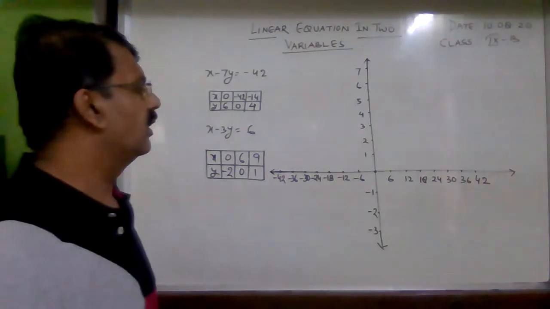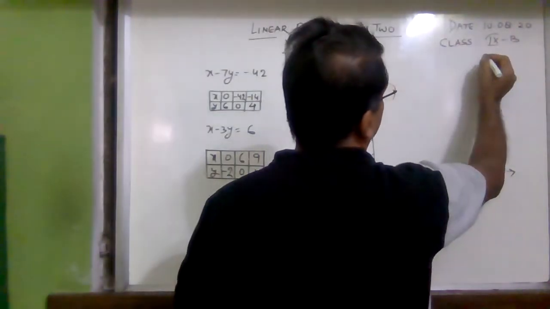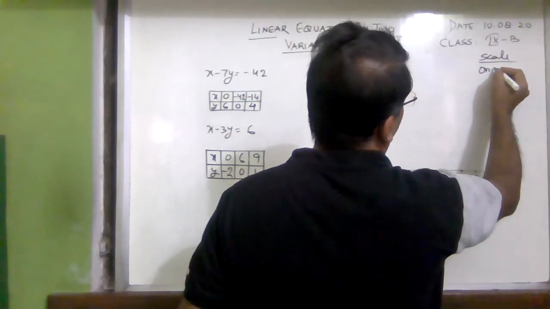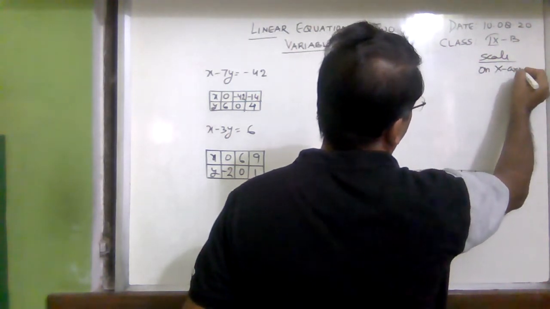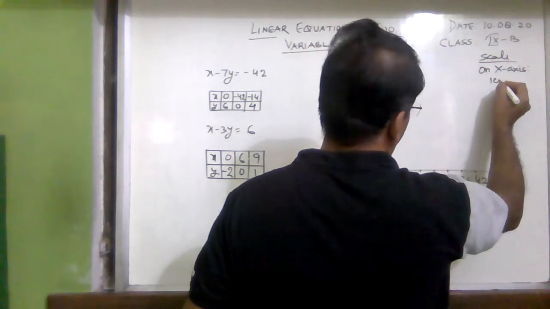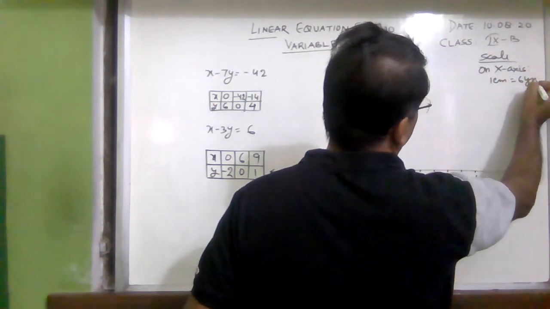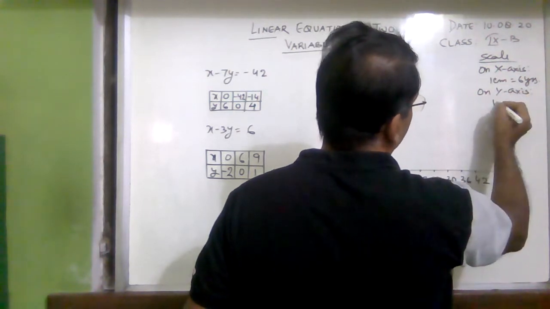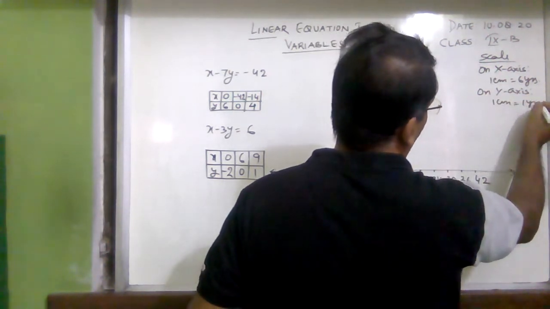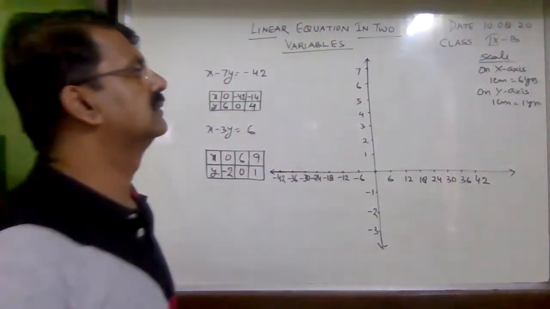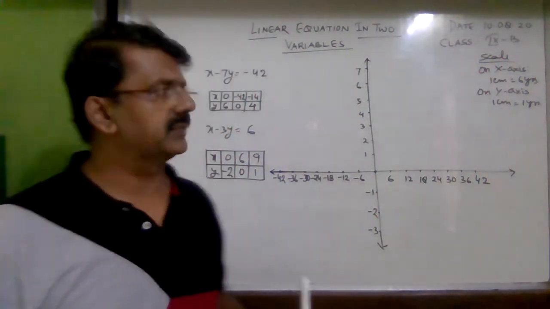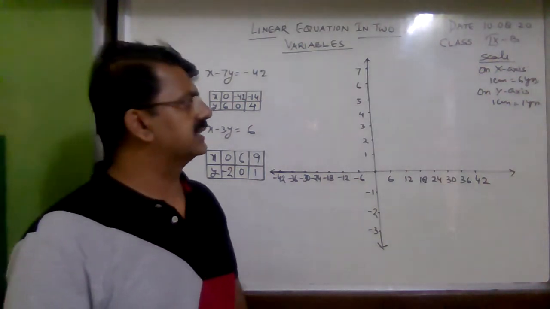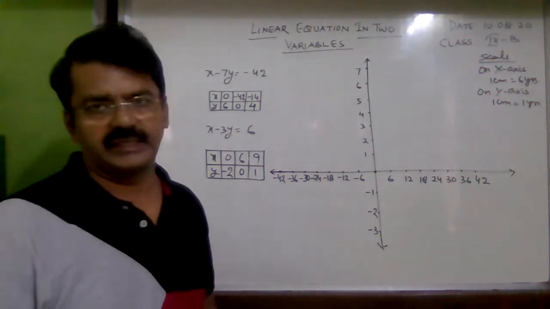That means on the scale, on x-axis, 1 centimeter is equal to 6 years. On y-axis, 1 centimeter is equal to 1 year. Okay, so on x-axis the scale is 1 centimeter is equal to 6 years. On y-axis 1 centimeter is equal to 1 year.